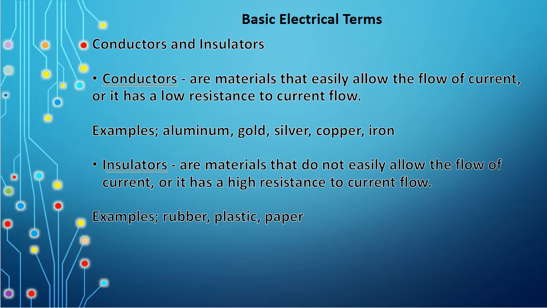Then for the insulators, if we hold, for example, rubber, plastic, or paper, we will not be electrocuted even if the rubber, plastic, or paper has contact with electricity. That is the difference between conductors and insulators.